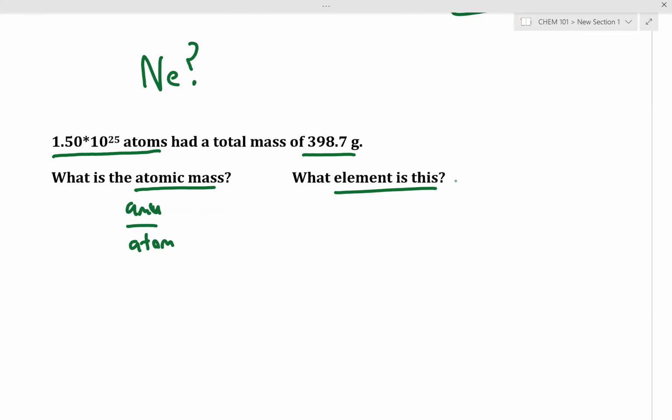So the only difference from the previous problem, instead of being given a mass in AMU, what mass do we have? Grams. Can we get to AMU from grams? Yep.